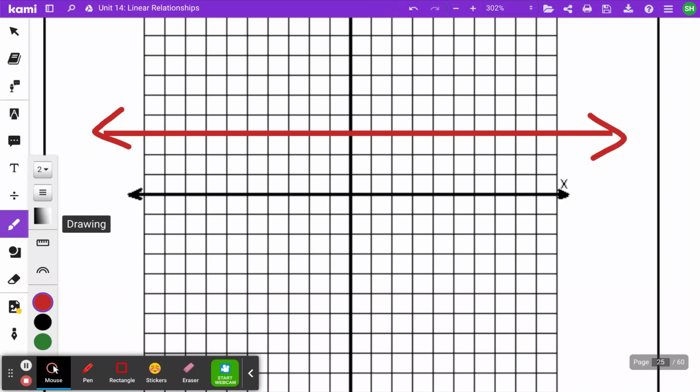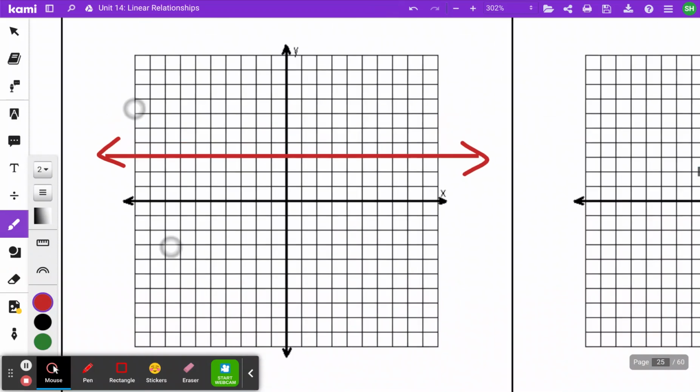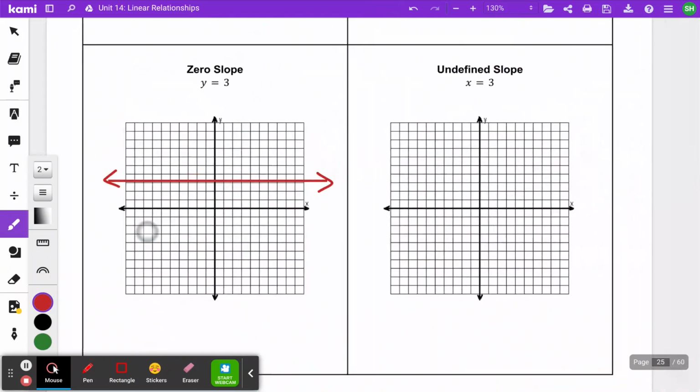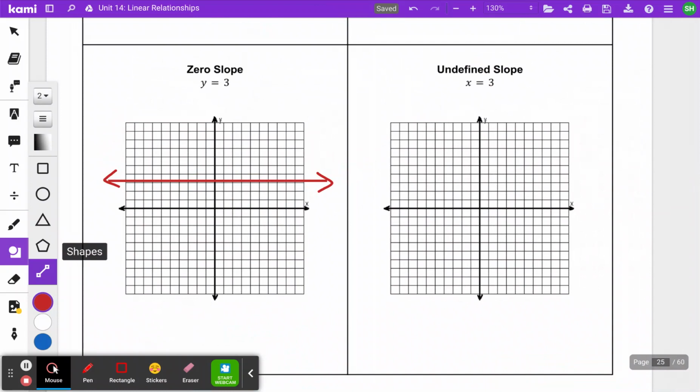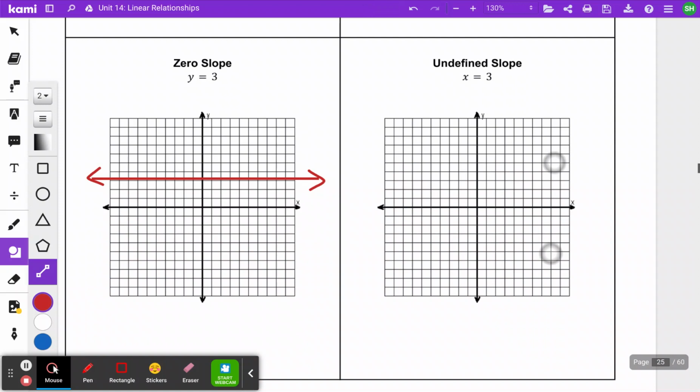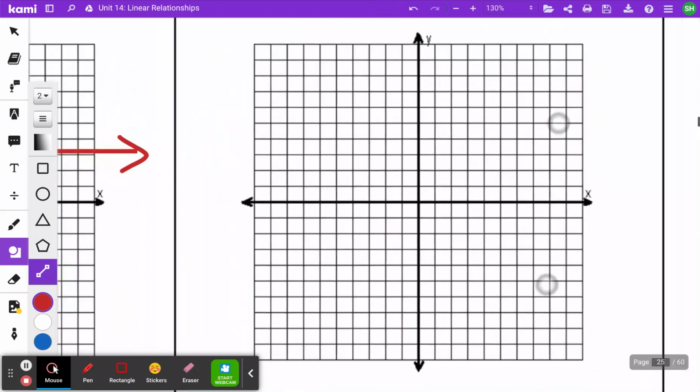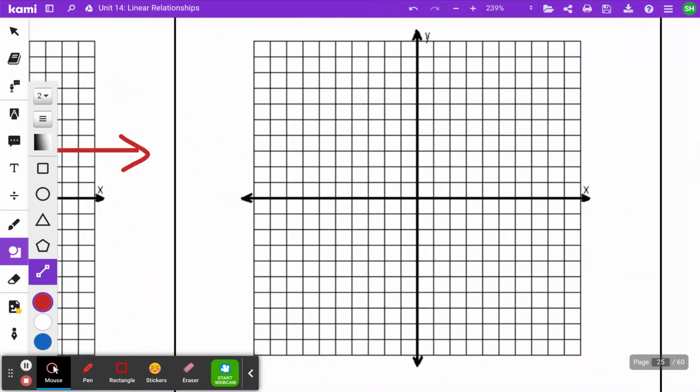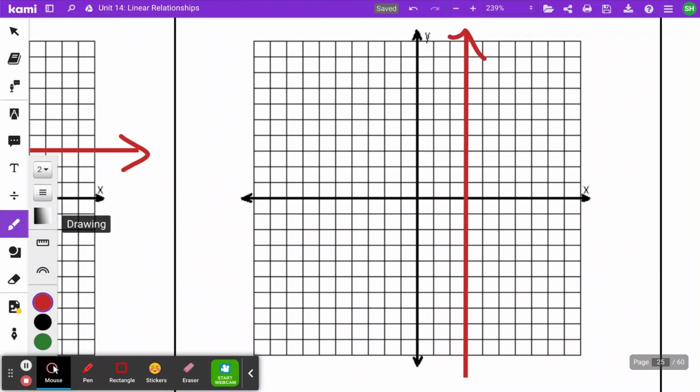And so we get a horizontal line. As opposed to something that has undefined slope, which is going to end up being an x equals equation, in this case x equals 3, that ends up being a vertical line. So that is when x is always equal to 3. And so that's all the spots right 3 of the y-axis. And that gives us this vertical line.